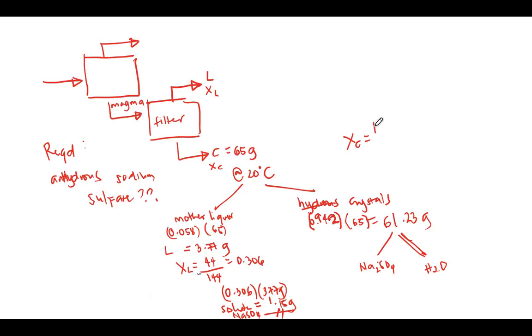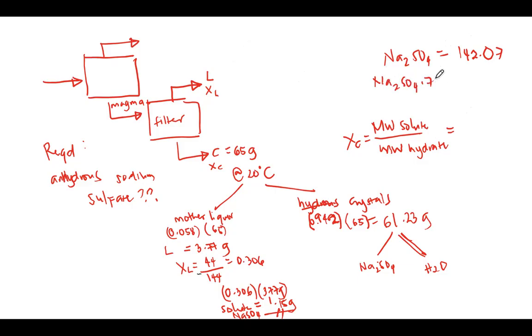The solute, Na2SO4, has a molar weight of 142.07. Na2SO4 times 7H2O has 268.07.